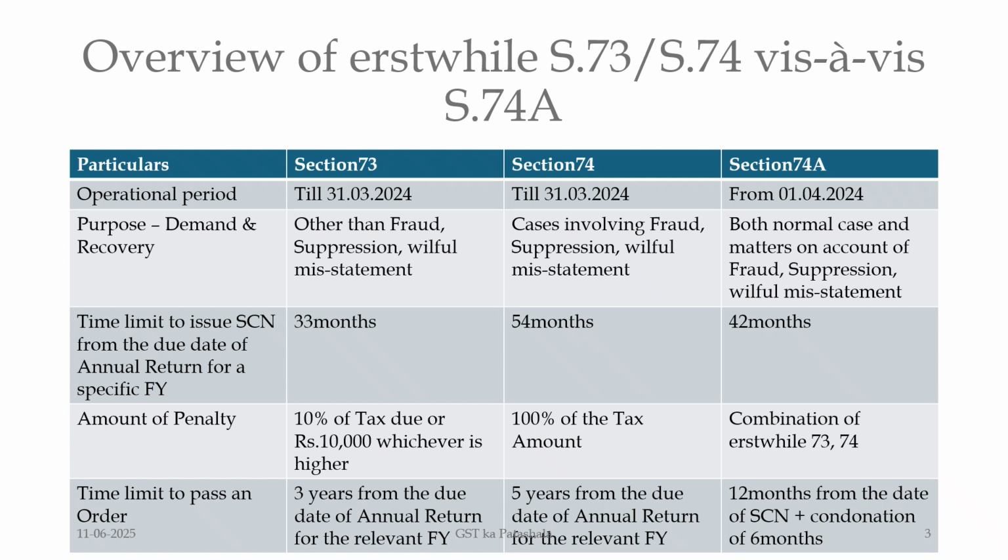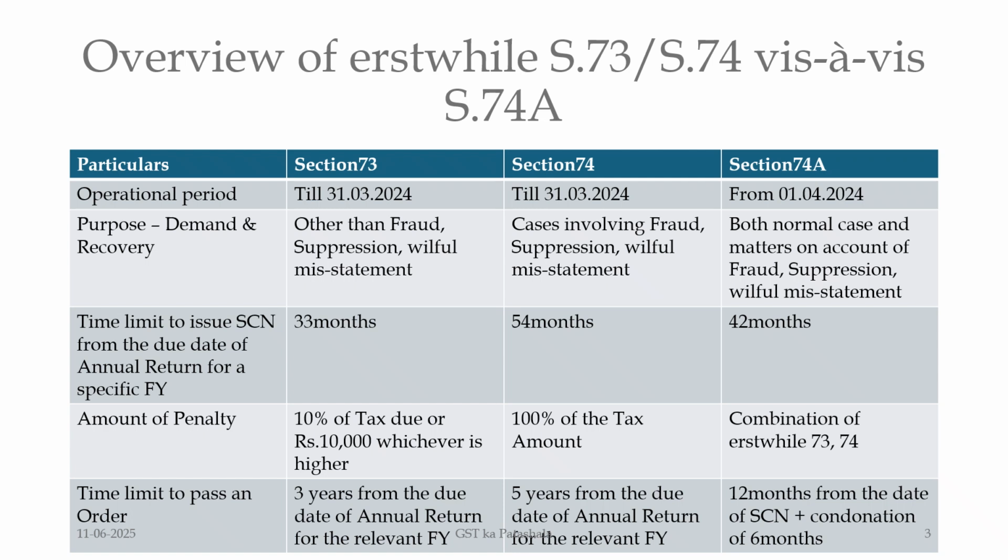Purpose and demand of these provisions. Section 73 is for notices which are generally issued where tax is demanded other than on existence of elements of fraud, suppression, willful misstatement. Section 74 covers cases where the proper officer believes that the taxpayer has not paid the tax on account of fraud, suppression or willful misstatement.